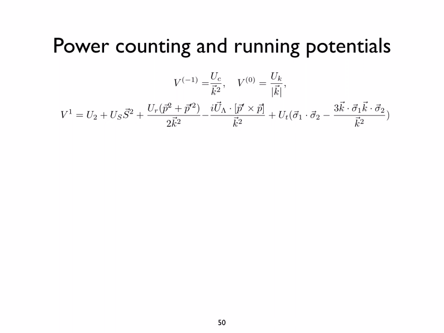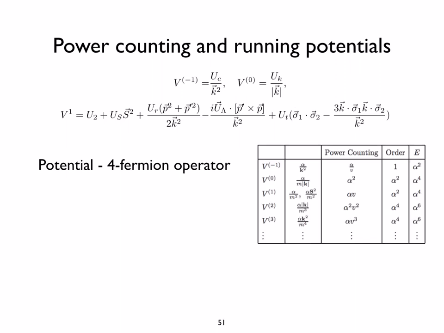The leading potential is the Coulomb potential, v to the minus 1, and the next one is obtained only in one loop, and the potential of order v is the following, where lambda depends on the spins of the particles and also on the total spin of the system. Potentials are four-fermion operators in comparison with the kinetic term, which are two-fermion operators.